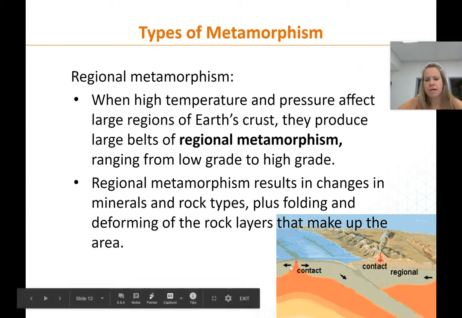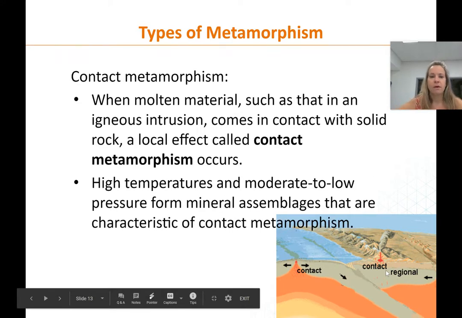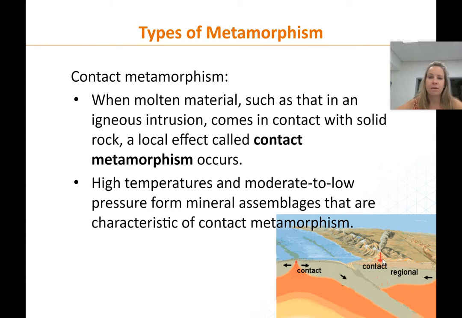You would only have contact here because the plate is splitting, so there's not pressure necessary there. But usually contact and regional are formed together. And contact, like I said, is just in contact with magma or lava, and so it's melted slightly because of simply getting hot.